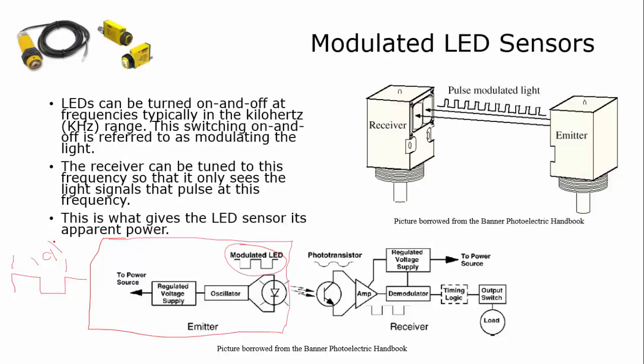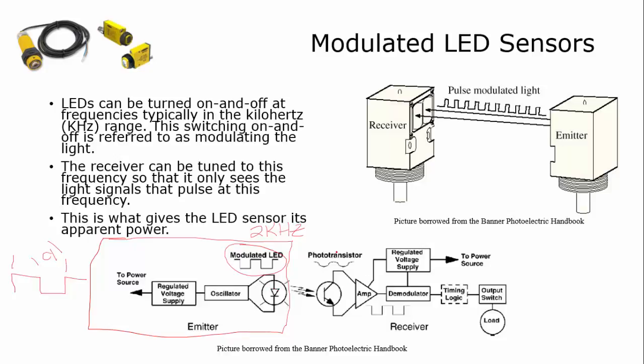So you modulate them by switching the light on and off and on and off. And I'm going to pull a number out of the air. Let's say that this is running at 2 kilohertz. So I'm turning this LED on and off, on and off, at a rate of 2 kilohertz.